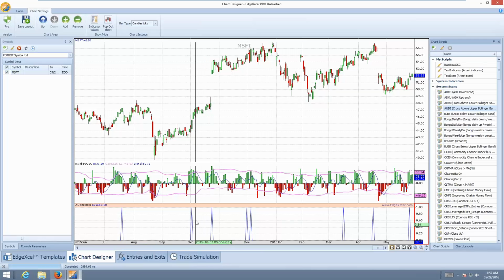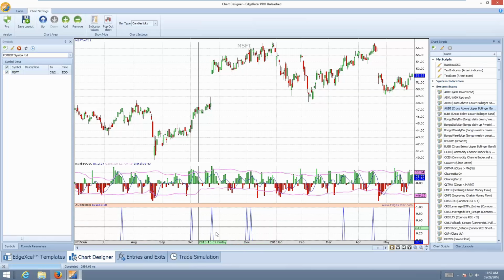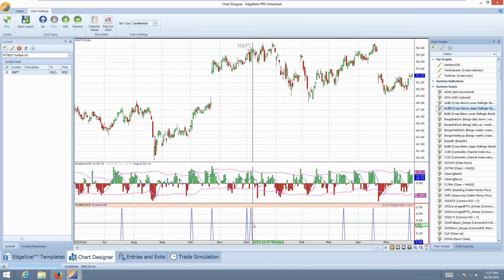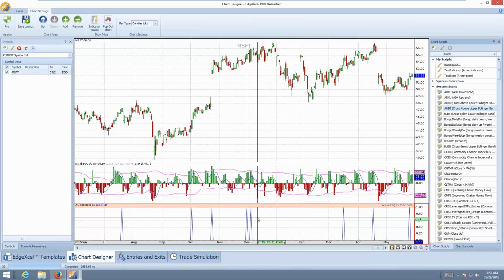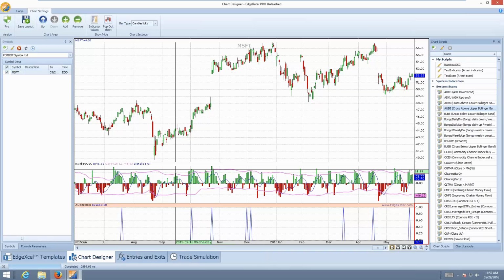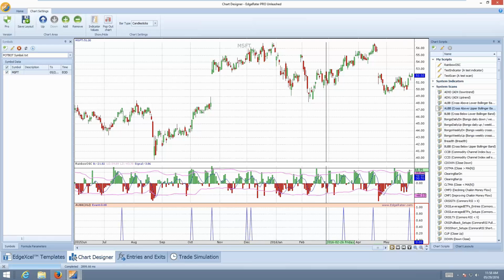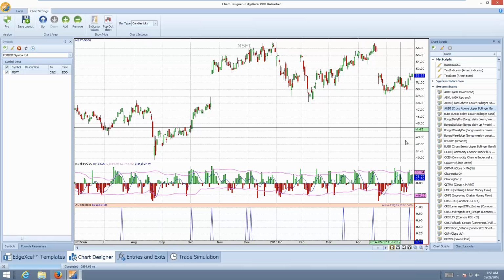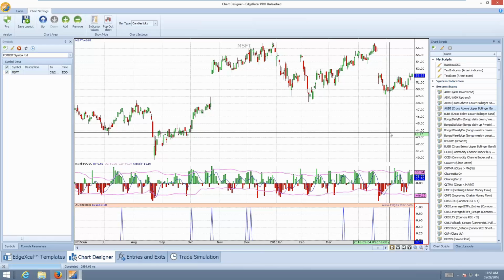That's really the main difference between an indicator type script and a scanning script, is just that it outputs ones and zeros. The way that the template works when you're running it against a script is it looks for values that are 1 or greater and uses that as an entry signal. If you try to use the rainbow oscillator as an input for that, you'll get an entry every single day because the outputs are actually greater than 0 every single day. So just a little something of interest.